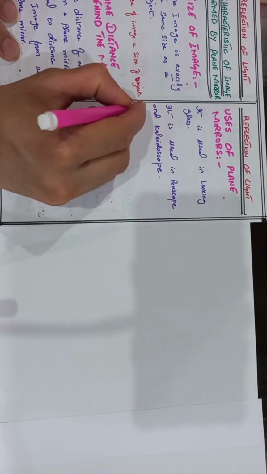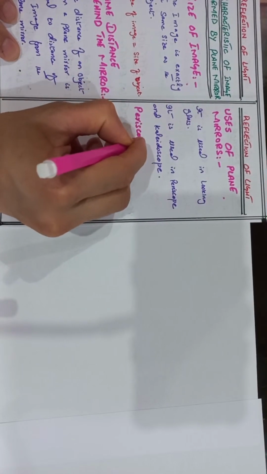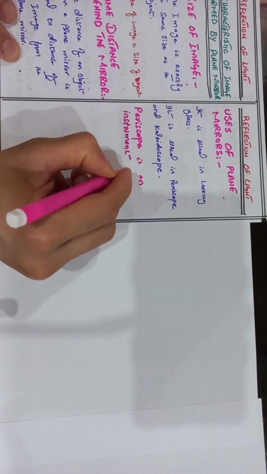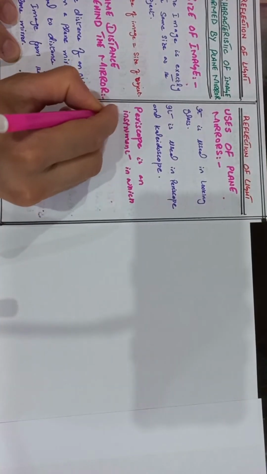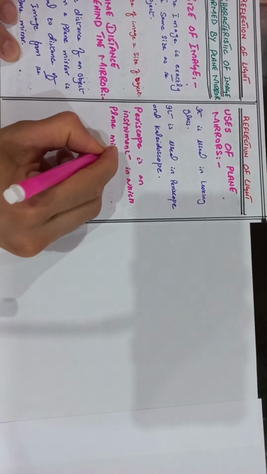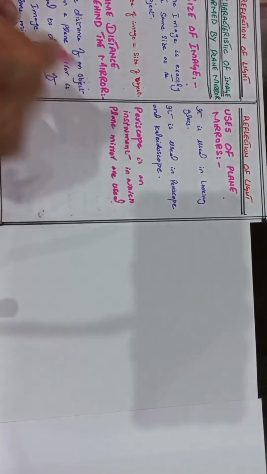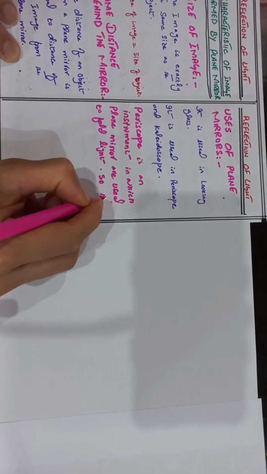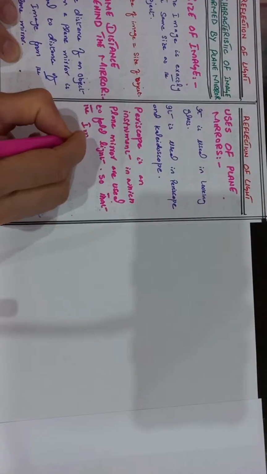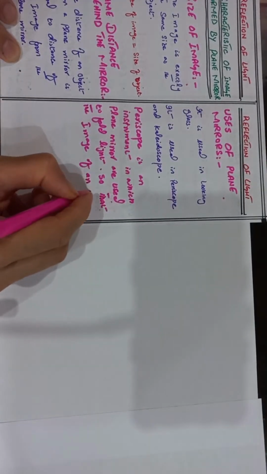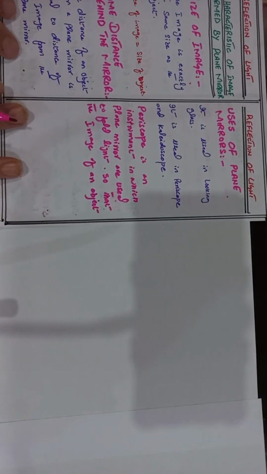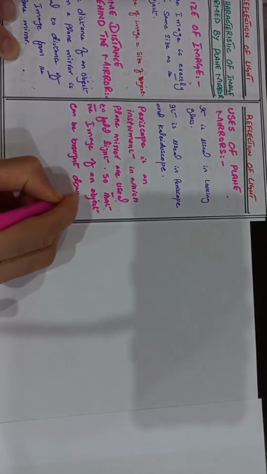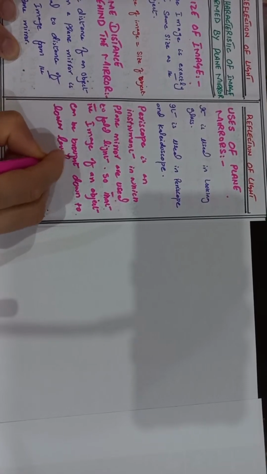So I will write what a periscope is. A periscope is an instrument in which plane mirrors are used to fold light so that the image of an object can be brought down to a lower level.